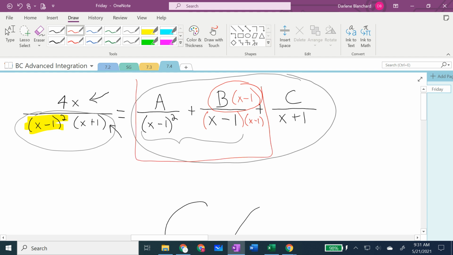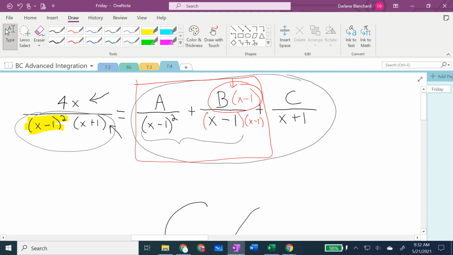And so if I were to add these two together, I would have a degree 1 polynomial plus a constant over a degree 2 common denominator. So as long as this allows me to create a numerator one degree less than the denominator, it is an acceptable form of how it could have been written.